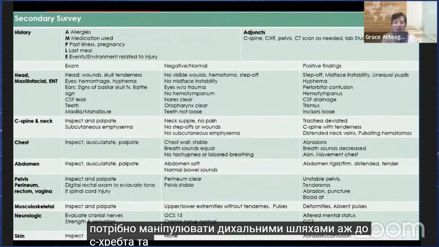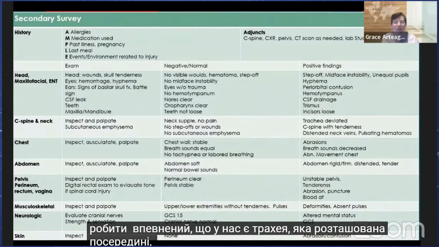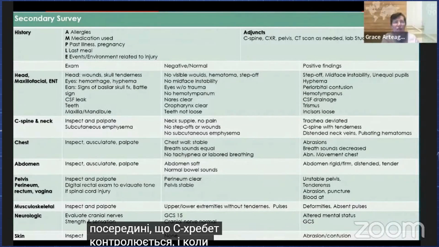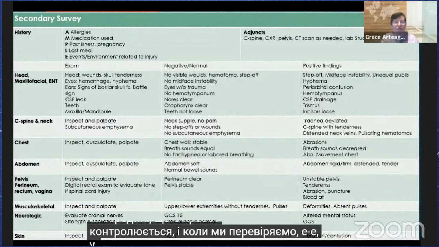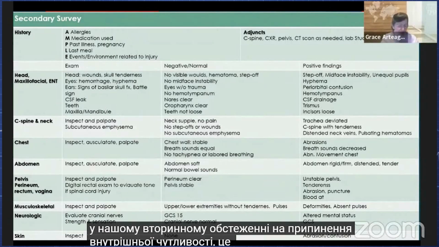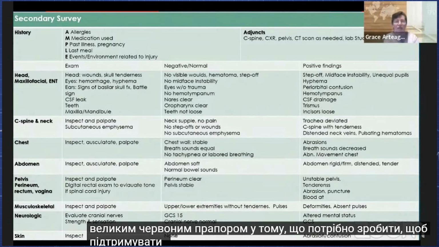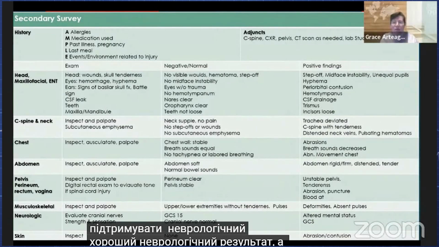As far as the C-spine and the neck, we always need to make sure that we have a midline trachea and that the C-spine is controlled. When we check in our secondary survey for C-spine tenderness, that's going to be a big red flag for what needs to be done to maintain a good neurological outcome.